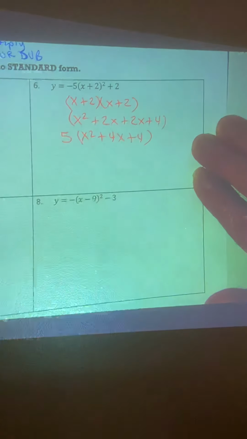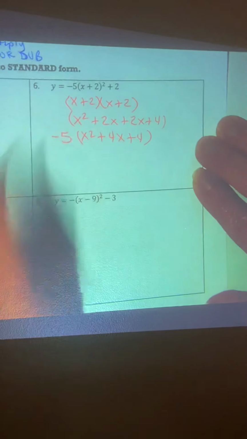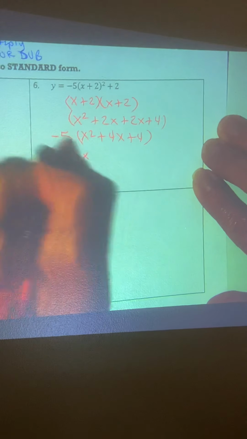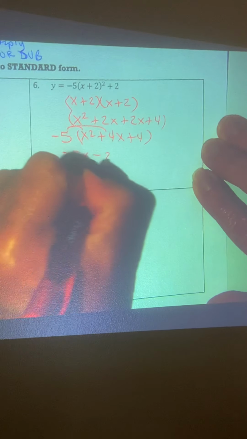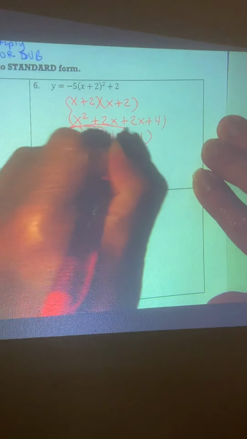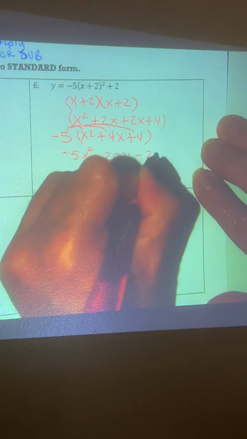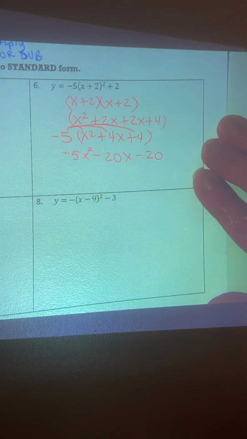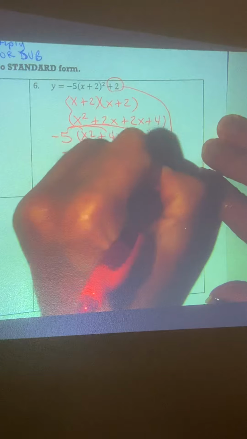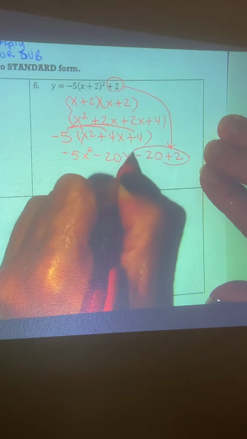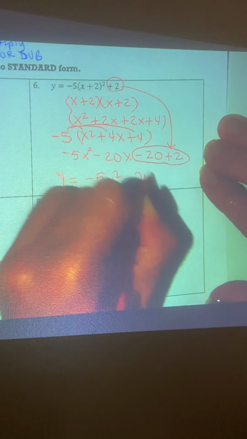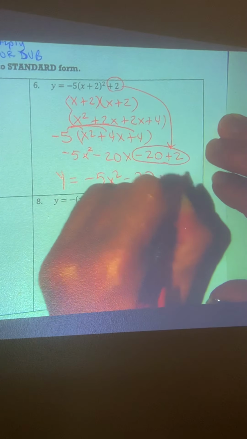Once I do that, I multiply everything by negative 5. And then I get negative 5x squared, negative 20x, and then negative 20. Now, see the plus 2 here? I've got to bring that down. And now I combine my terms here. Y equals negative 5x squared minus 20x, negative 20 plus 2, negative 18.